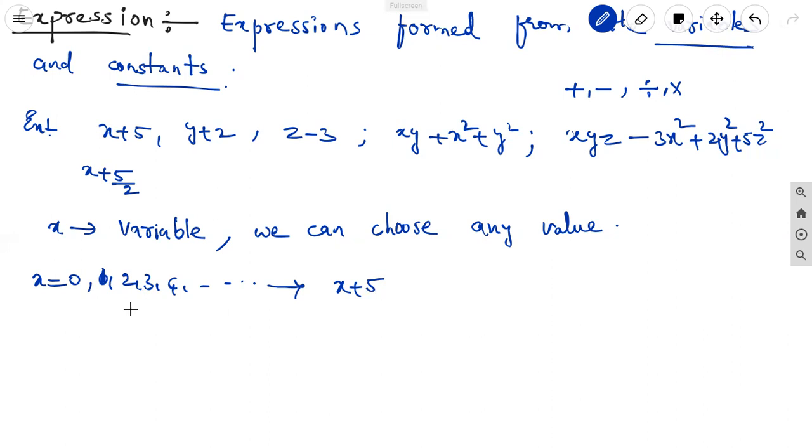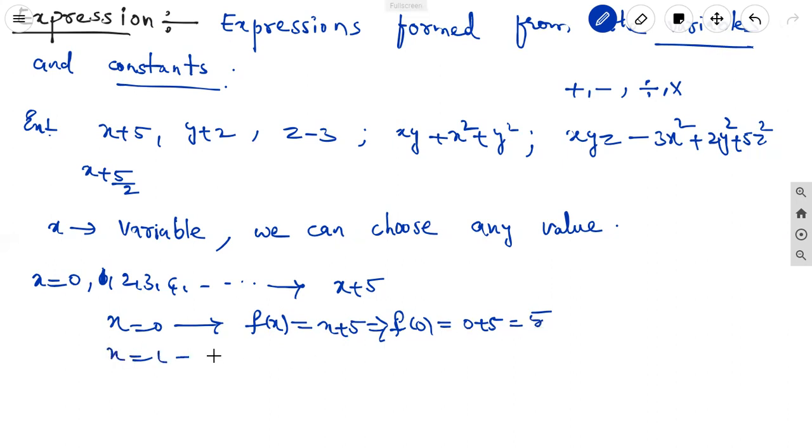What values do we get? For x equal to 0, taking the expression as f of x, that is x plus 5, we substitute: f of 0 equals 0 plus 5, which is equal to 5. At x equal to 0, the expression becomes 5.